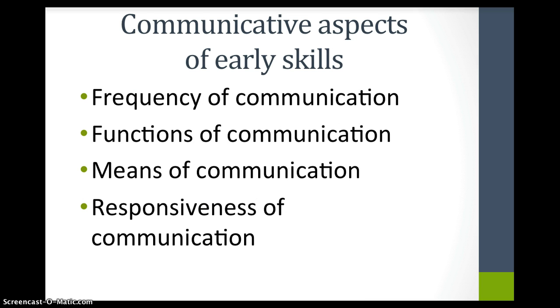The communicative aspects of very young children, what we're really trying to do when we first begin to attempt to communicate, can be looked at in measurable ways. So if we're trying to get a handle on how well a very young child is communicating, the types of things that we can observe and actually collect data on would be things like the frequency of communication, how often there's an attempt, what is the function of it, why is the attempt being made, how is it being made, what is the means of that communication.